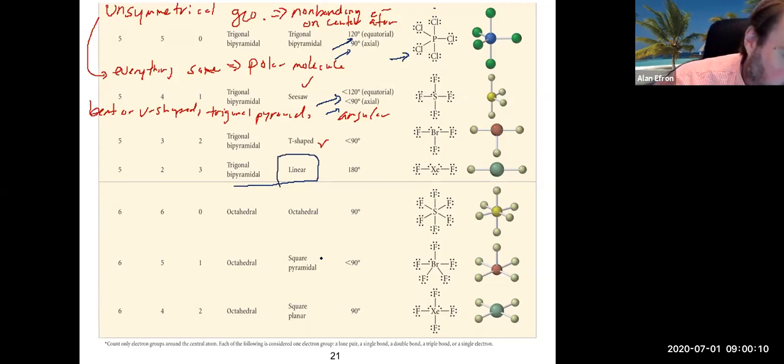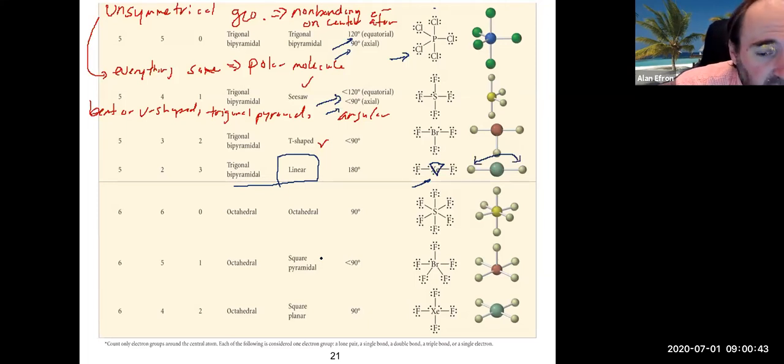This linear, where you have 5 electron pairs and 2 bonds. That is because, as you can see, if you draw the Lewis structure here, it has dots. But those dots are symmetrically equal to each other. Those non-bonding electrons make a triangle, so they kind of cancel each other out. And then our bonding guys end up 180 degrees apart from each other, which means they also cancel each other out.